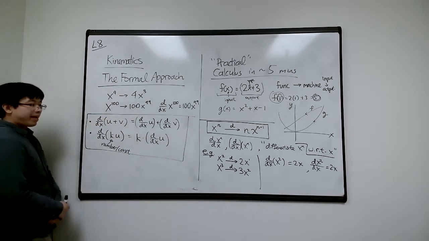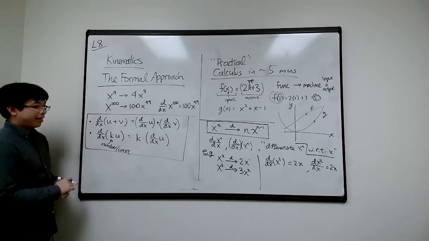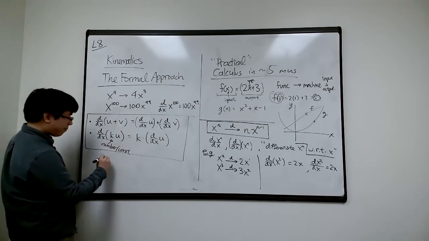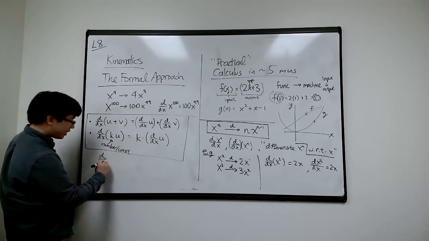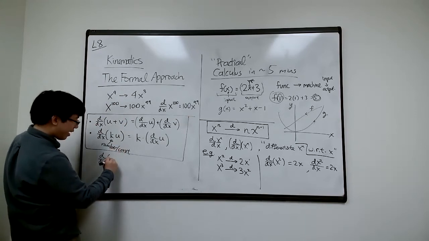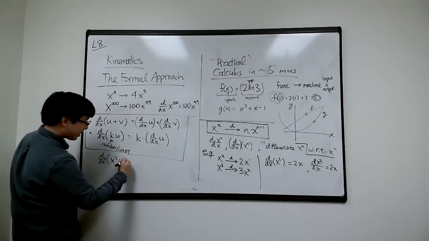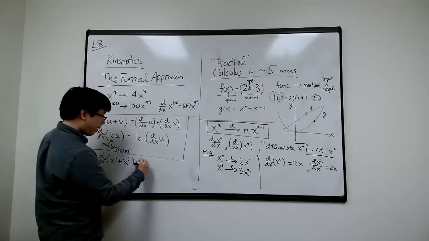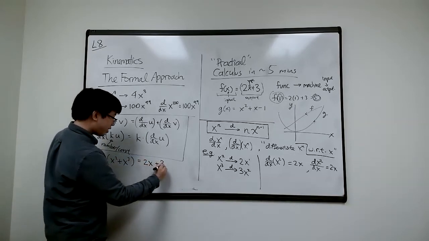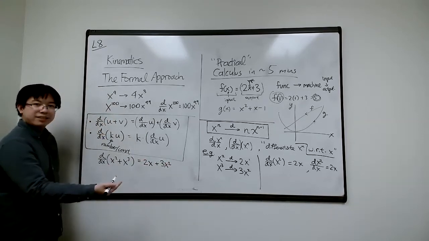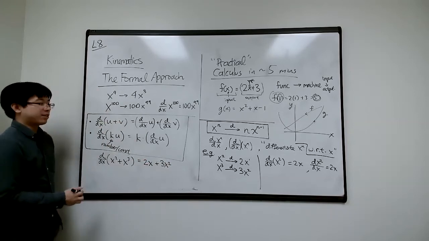These are the two main rules of differentiation. So let's see what this means. It means if I want d dx of a function of x squared plus x^3, then I just need to differentiate them separately one by one. So that would be 2x plus 3x squared. Okay, so just differentiate and then add them. You can just do them one by one. That's what it means.